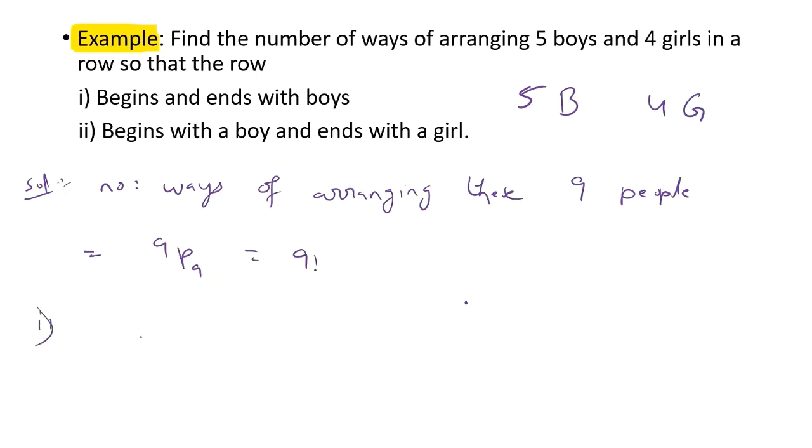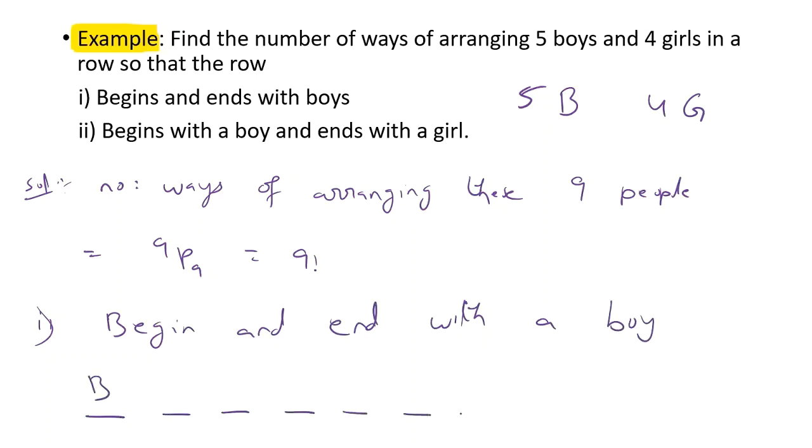So let us look into the first constraint. The first constraint is it should begin with a boy and end with a boy. So what we do here is, we have to start with a boy, and we have 9 places, 1 2 3 4 5 6 7 8 9, and we have to end with a boy.